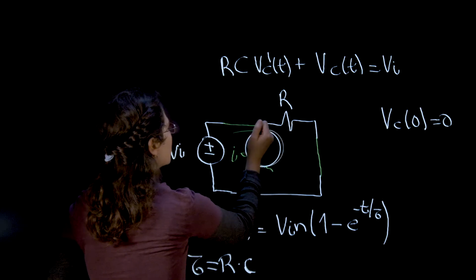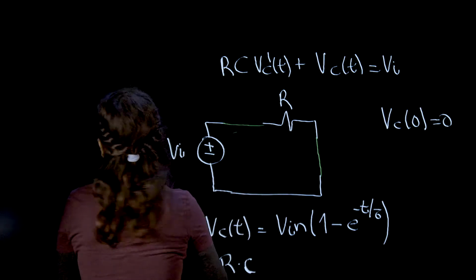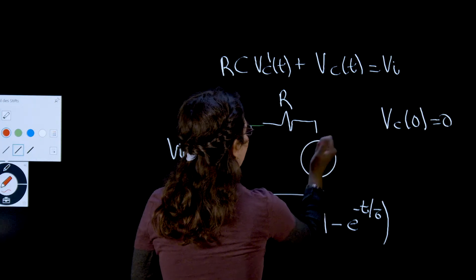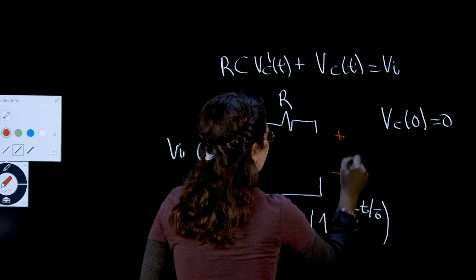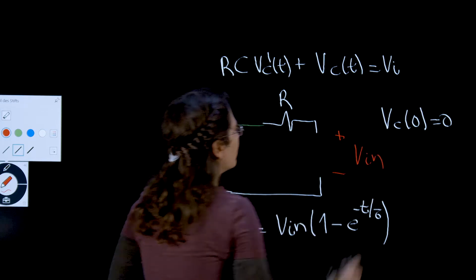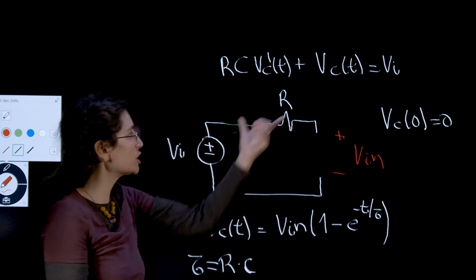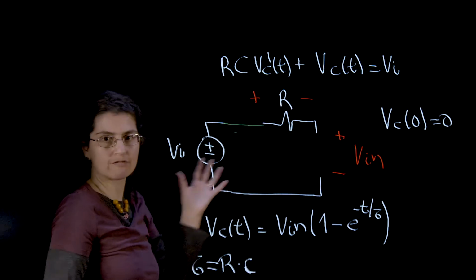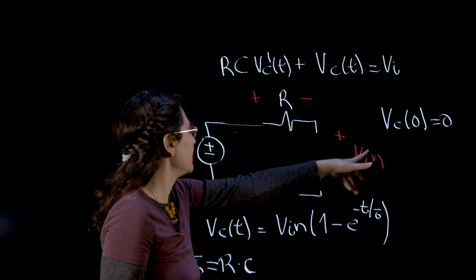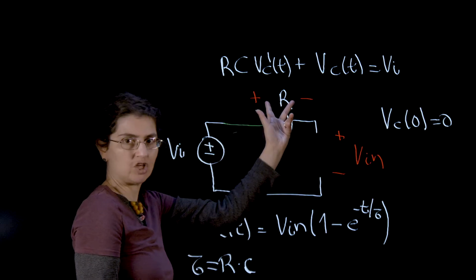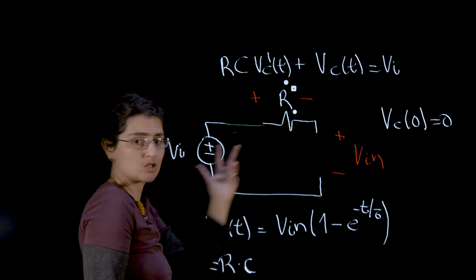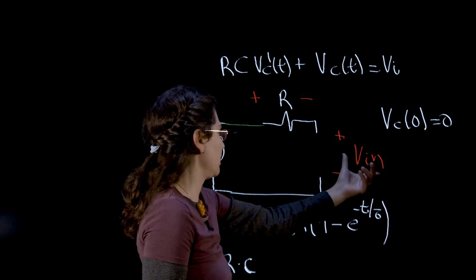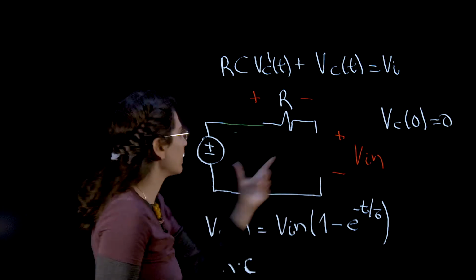When the capacitor is charged, here I have V in, which means that there is no voltage drop across R, because otherwise Kirchhoff's law tells me that V in would be V in minus V_R. But V_R has to be 0, so that V in is the same here and here, right?